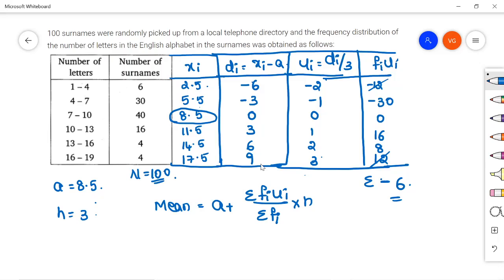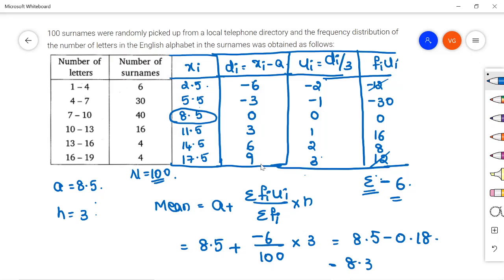Previously we have found anyhow. So just substitute. A is 8.5 plus sigma fi ui is minus 6 divided by 100 into 3 here. So this you will get 8.5 plus minus 18 divided by 100, so minus 0.18. This is nothing but 8.32.